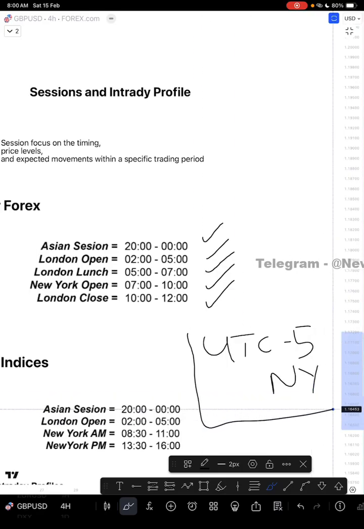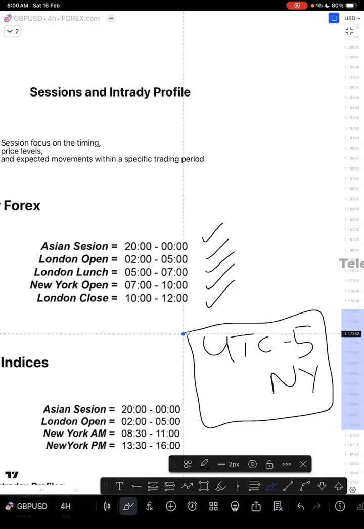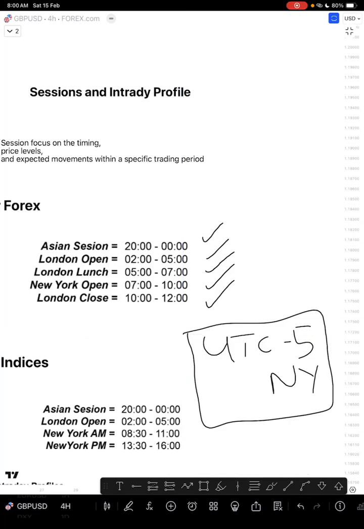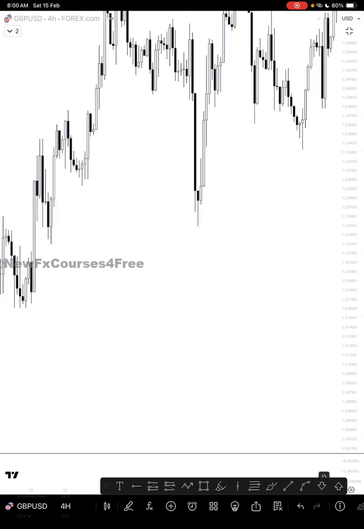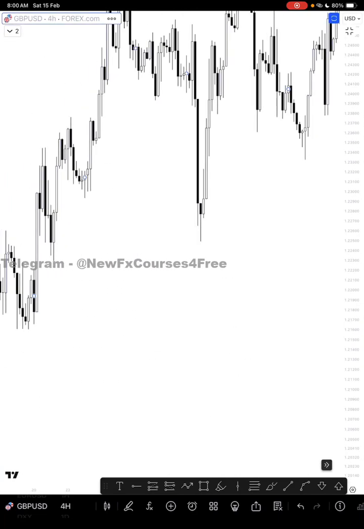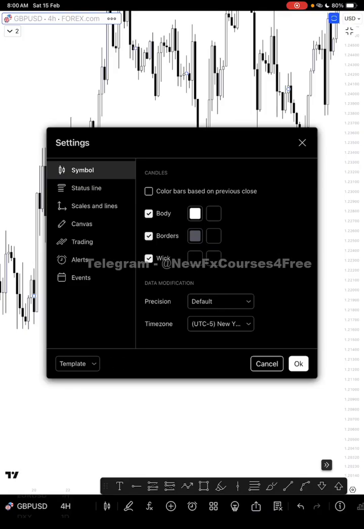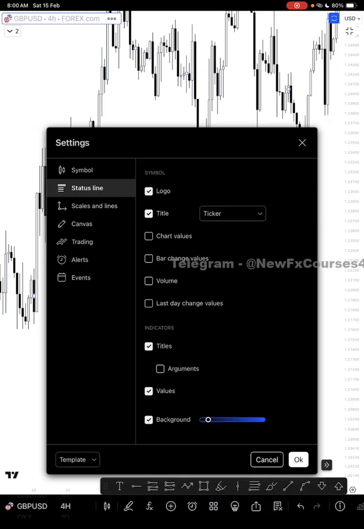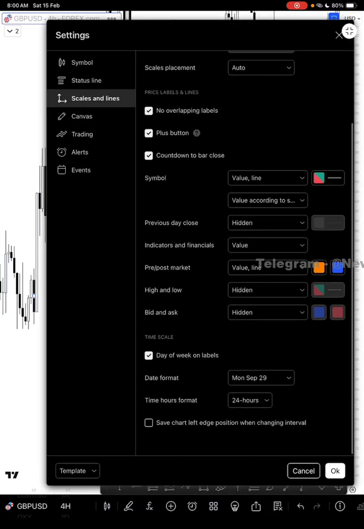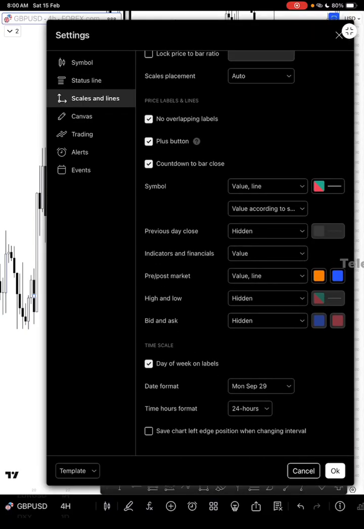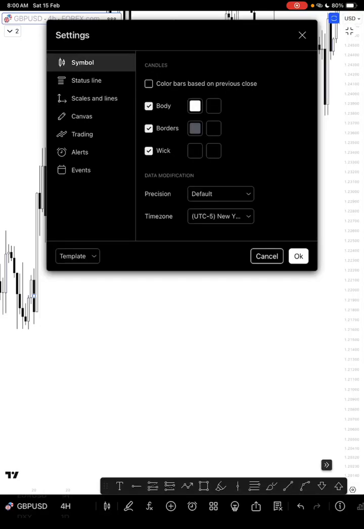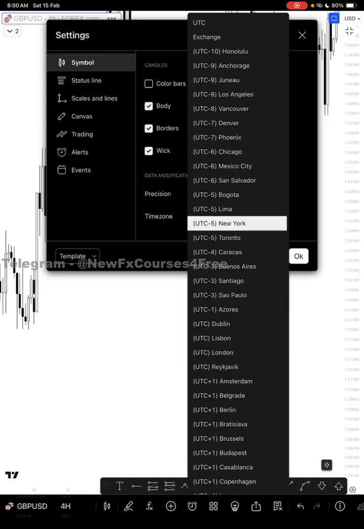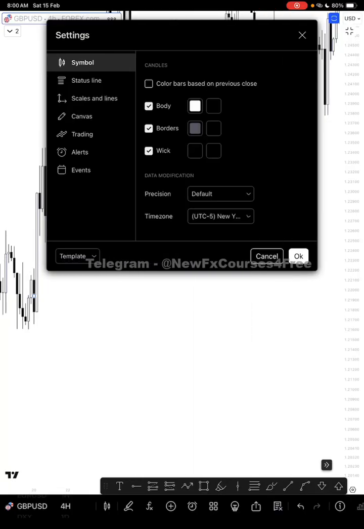This is your time zone. You can go to your settings here, tap on the chart, and go to scale and lines. Go to symbol, and you can see time zone UTC minus 5 New York.